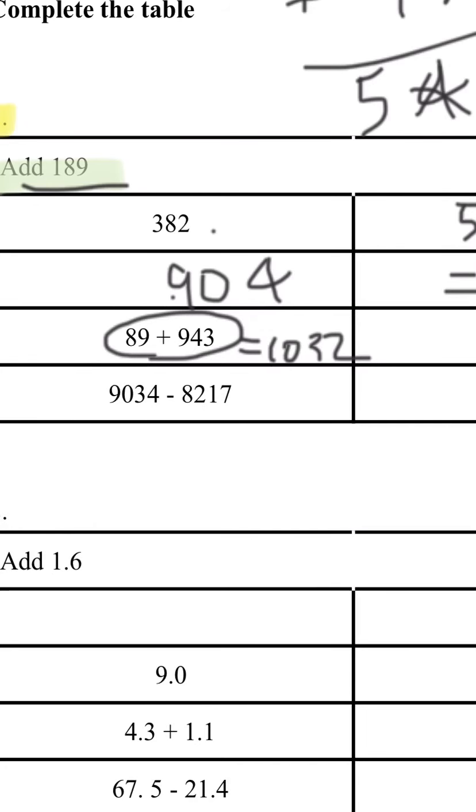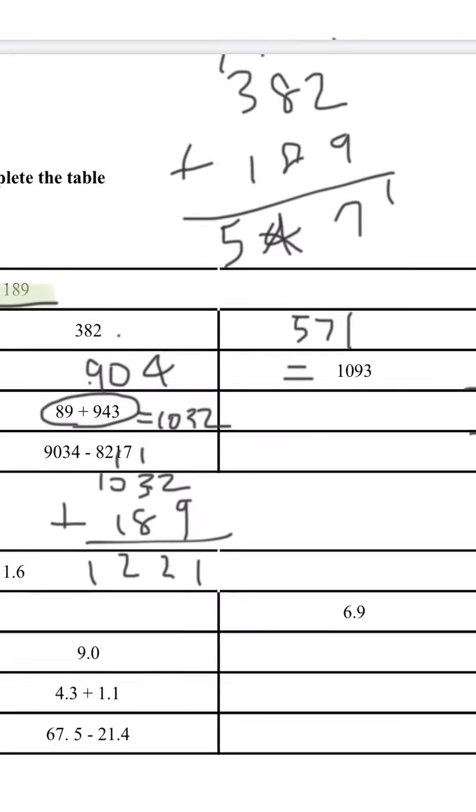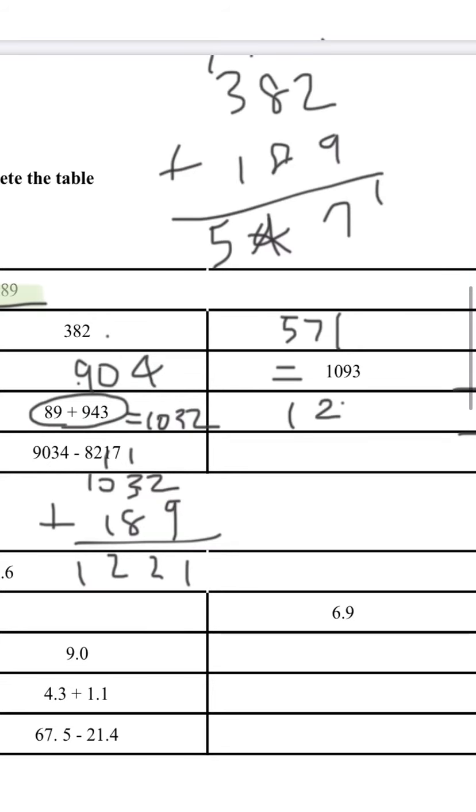So then now that we have the sum, we gotta add 189 to it. Plus 189. So let's do it. So 1221. Okay, let's clean it up.